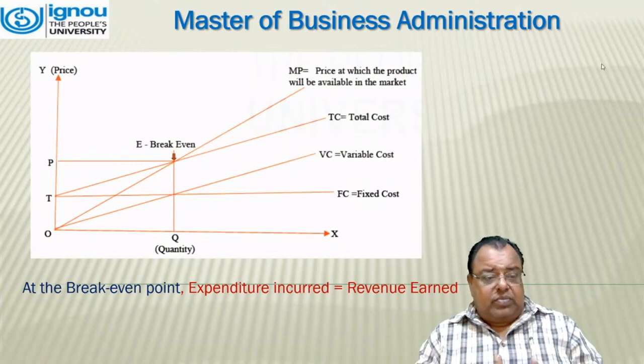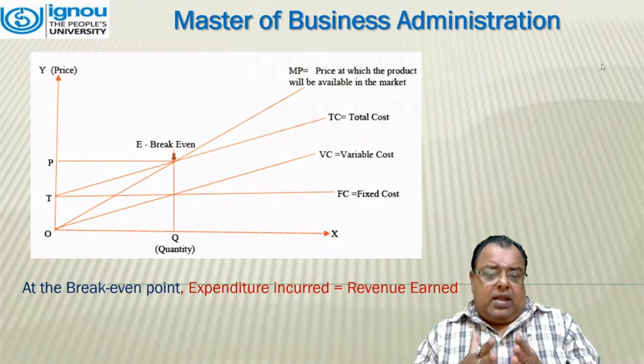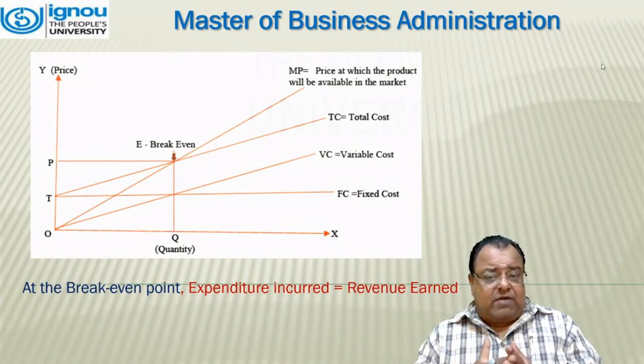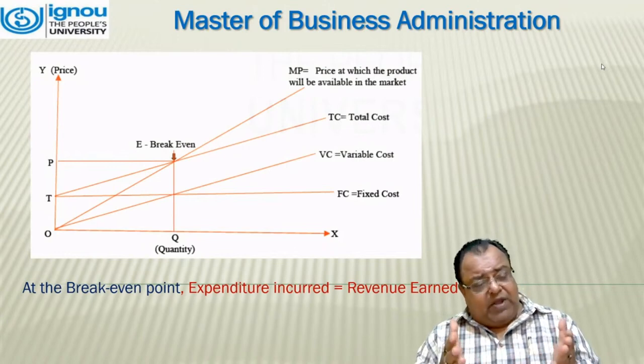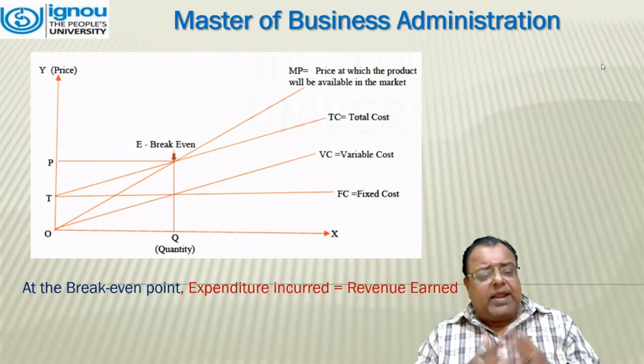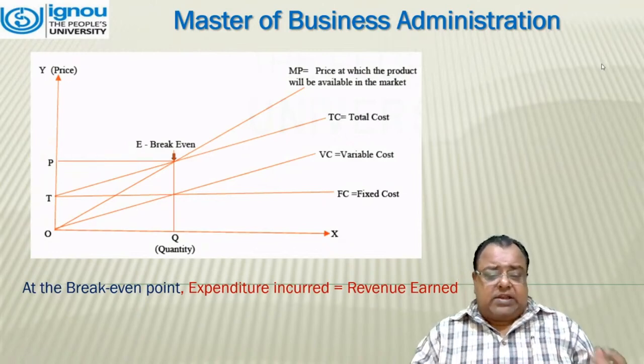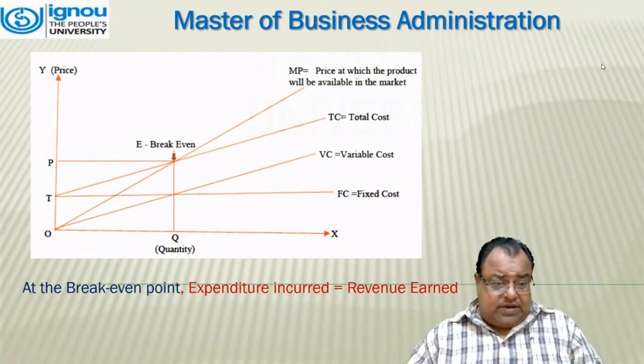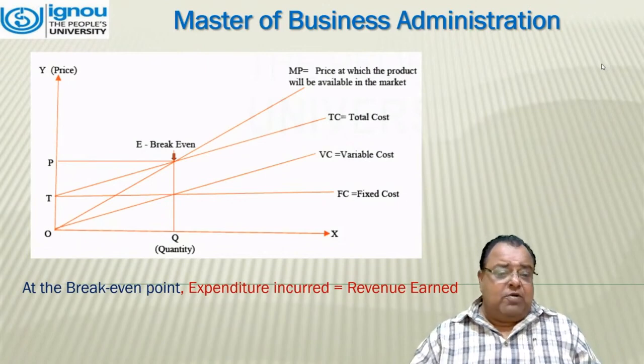Where the total cost and the price at which the product will be available in the market cross each other, that is the point we call break-even. Mathematically, at that point, expenditure incurred is equal to revenue earned.